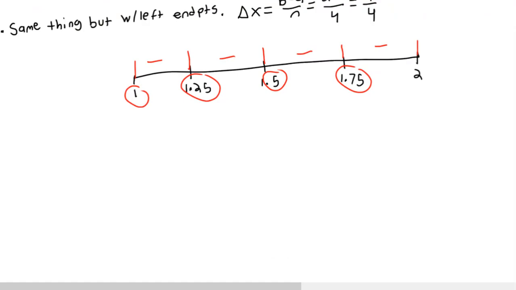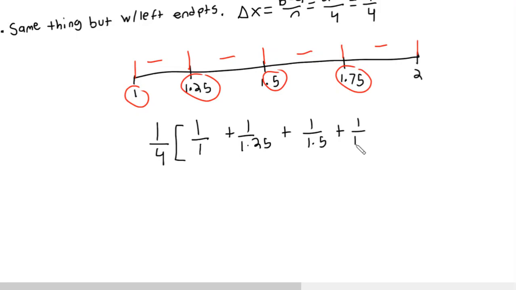So now let's just work all this out. So my delta x is 1/4. And remember, it's f of 1 plus f of 1.25 plus f of 1.5 and so on and so forth. So I'd get 1 over 1 plus 1 over 1.25 plus 1 over 1.5 plus 1 over 1.75.